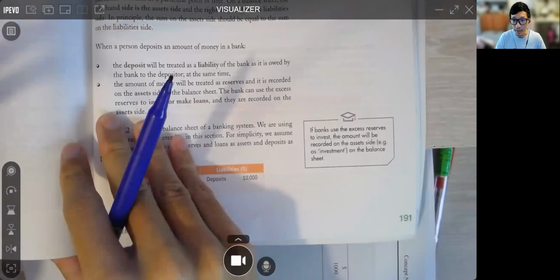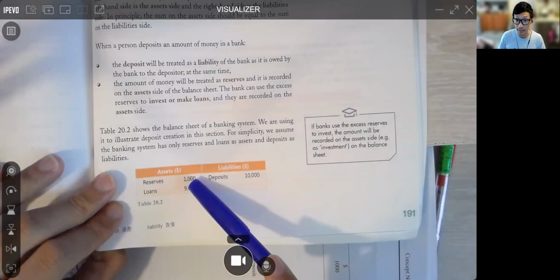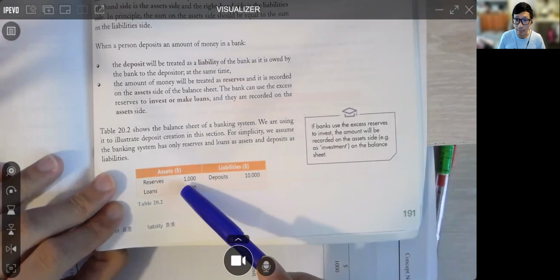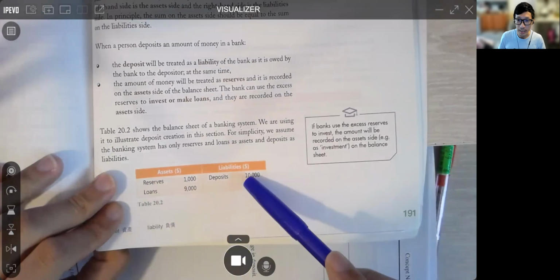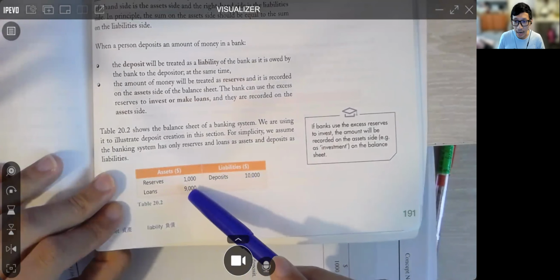Now let's begin with the original situation. Original situation, we have reserve 1,000, deposit 10,000 and loans 9,000.